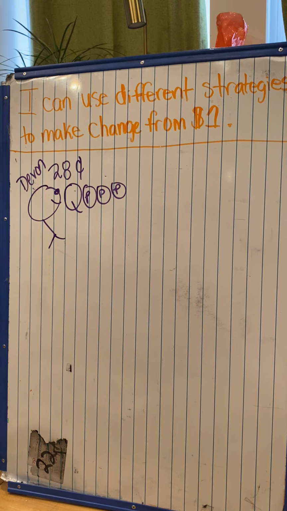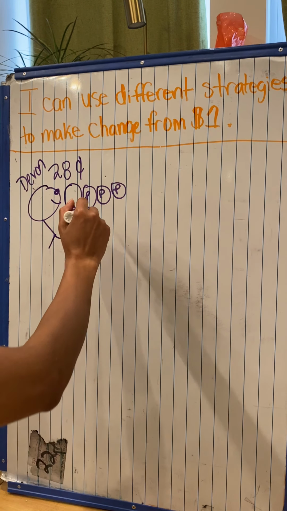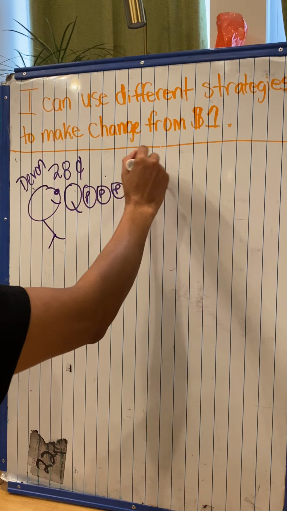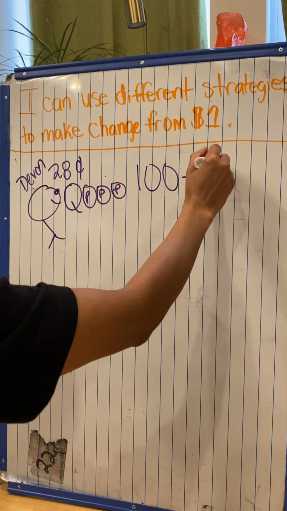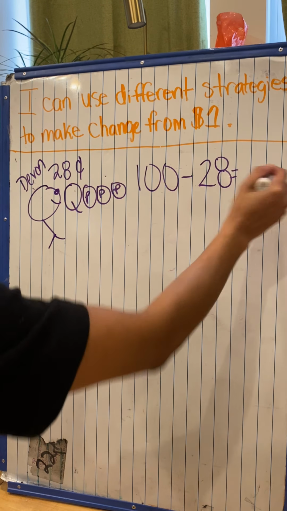Think about a number sentence that represents how much I had left. For now, let's represent $1 as either 100 or 100 cents. So we can all have our units be the same. All right. So you might say 100 minus 28 equals blank.